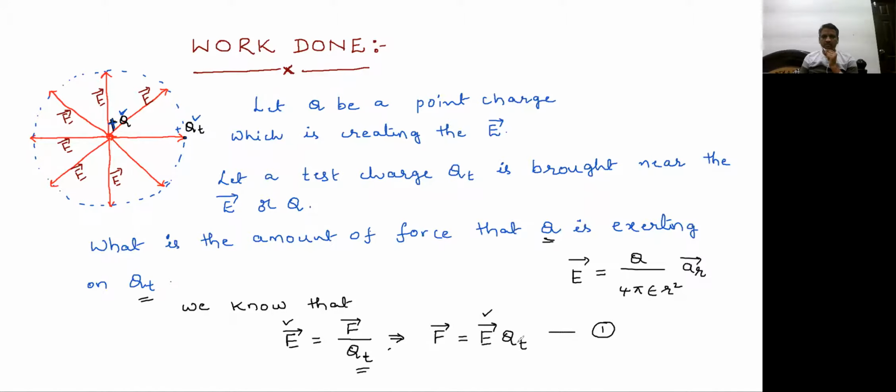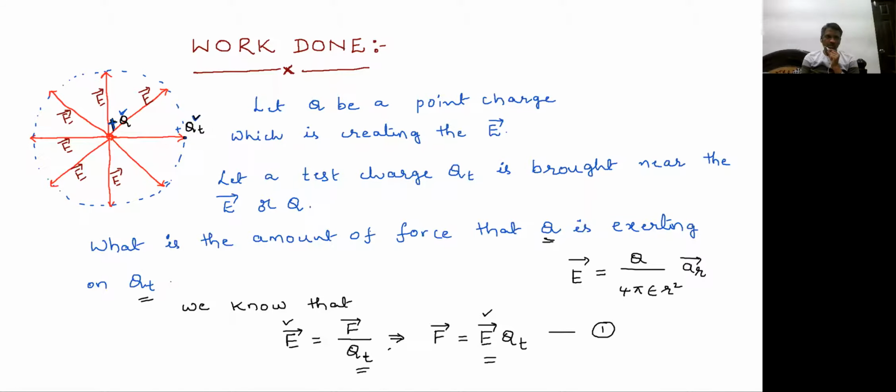Now, what happens when the charge Q is applying force on this test charge? Because this test charge may be a very small charge and this charge is a very big charge, when this charge is applying force, the test charge will move in the same direction of the line joining, because the statement of Coulomb's law itself says that the force between 2 point charges is directly proportional to the product of charges and inversely proportional to the square of the distance, and the force always acts along the line joining the 2 point charges.